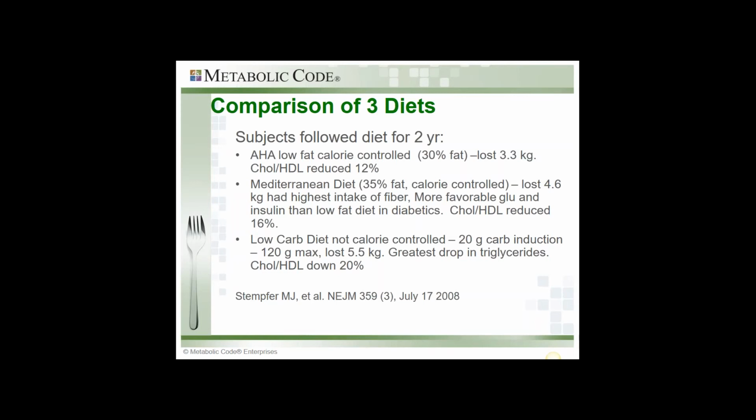That group lost the most weight and had the greatest drop in triglycerides and the best improvement in the cholesterol to HDL ratio, which means their cholesterol dropped the most and their HDL stayed higher. That was down 20%. So it was a good outcome with the greater carb control.